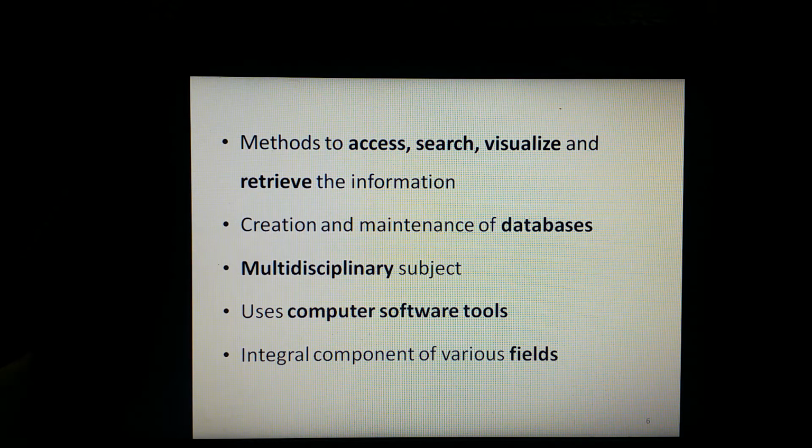It has evolved into a full-fledged multidisciplinary subject that integrates developments in information and computer technology as applied to biotechnology and biological sciences. Bioinformatics uses computer software tools for database creation, data management, data warehousing, data mining, and global communication networking.